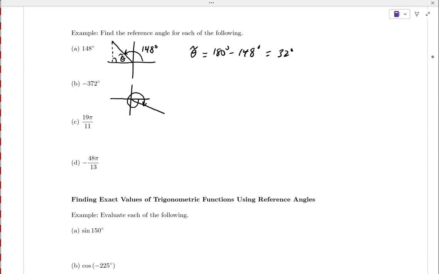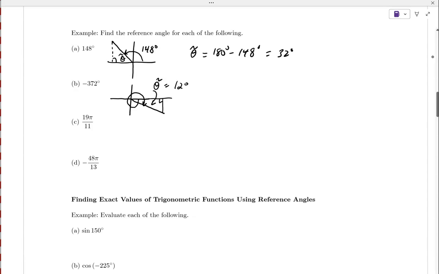But negative is not a positive angle, so how would I figure out what the reference angle is? Instead of negative 12, the reference angle would just be positive 12, because it's the acute angle. If I draw in my reference triangle, this angle right in here would be positive 12 degrees.